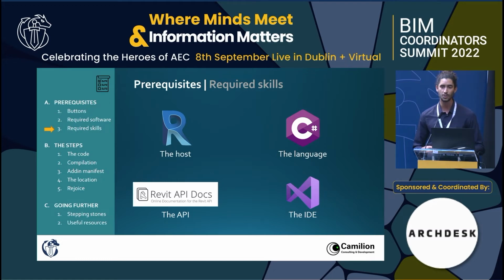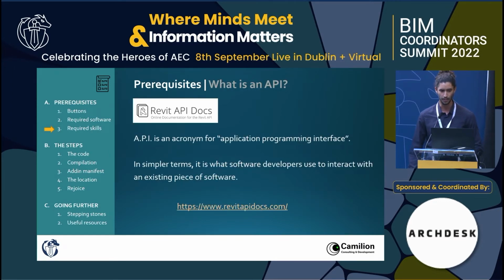And the last thing, you need to know a little bit about the IDE, Visual Studio, so how it works, and what buttons to click to create your assembly, and I'll talk about this in the next slides. Okay, first of all, Revit API.